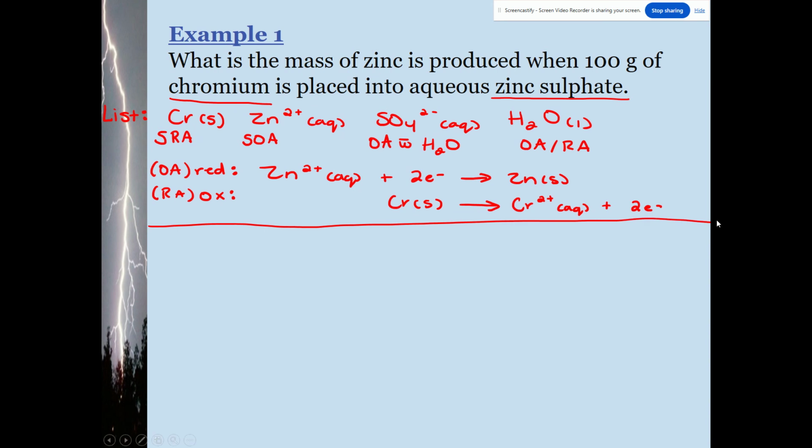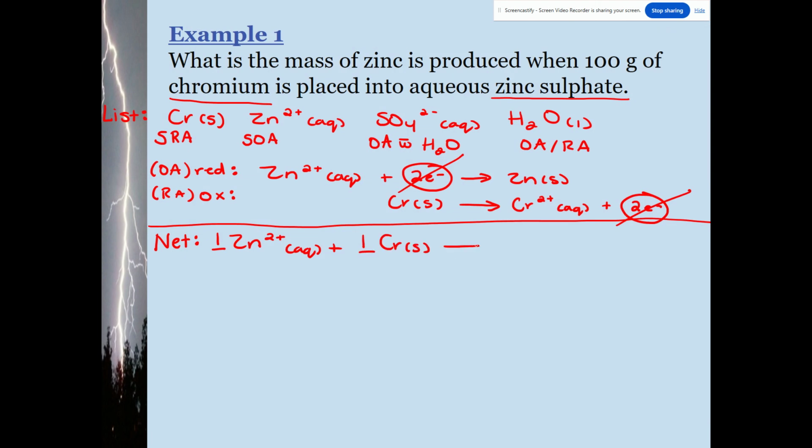Now, this is where the balancing coefficients come from. Do the electron transfers balance? And they do. So that means I don't need to multiply either of the half reactions. I only have 1 mole of zinc ions reacting with 1 mole of chromium solid.